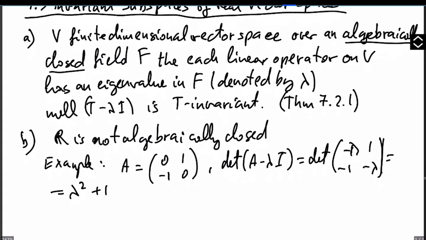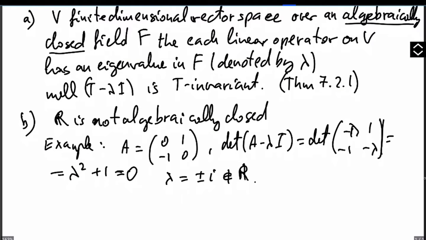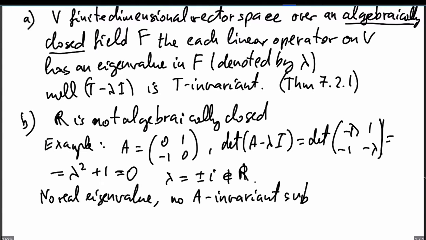And if we want to solve this characteristic equation for lambda, when we set this equal to 0, the characteristic polynomial, we get that lambda equals plus or minus i, which are not elements of the real numbers. That means there is no real eigenvalue, and also there is no A invariant subspace of dimension 1.